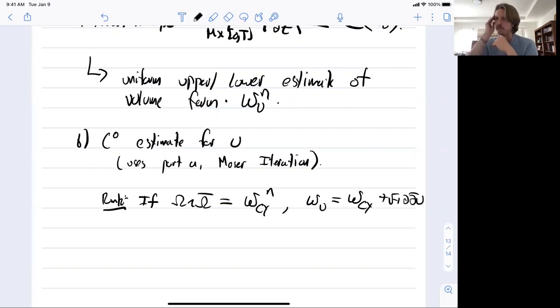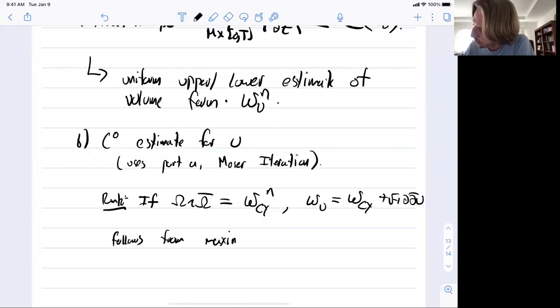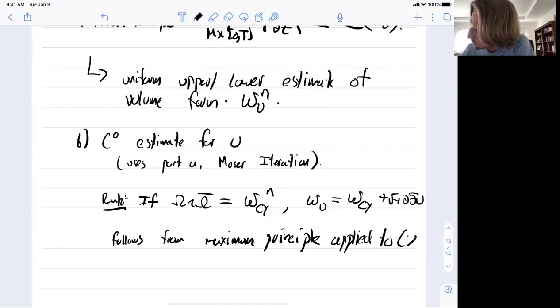Basically, if we could set up our potential relative to the known Calabi-Yau metric, it follows immediately from the maximum principle applied to this equation star.